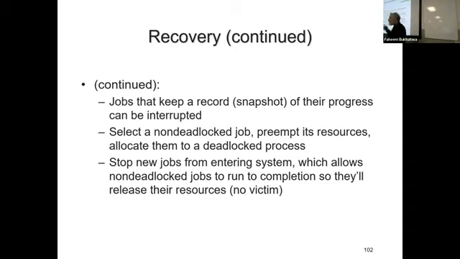There are jobs that keep snapshots, or they keep a log of the work they're doing. If, for example, you're updating staff records, adding 10% to each staff, every time you update a staff, you write, I reached this staff number. So if they run again, they ask, did we run earlier? Yeah. Which one have we reached? And they go to that one and continue.